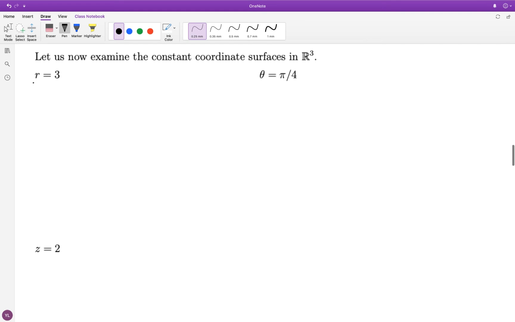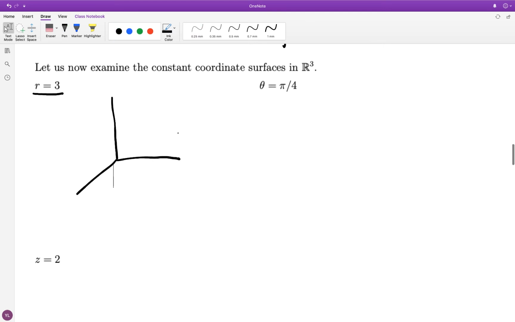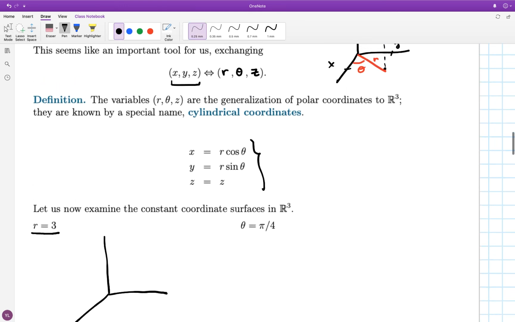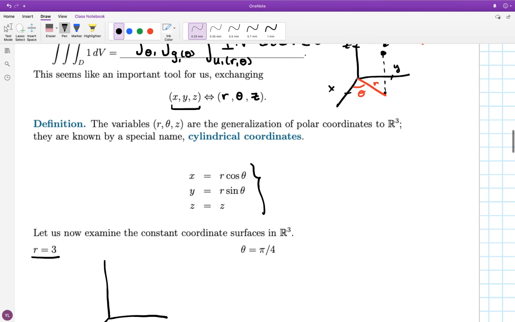Let's take a look at the equation r equals 3. I can think about this in 3 dimensions. So if I am trying to collect together all of the points in 3 space that have a distance of 3, what shape am I going to get? Imagine taking a little meter stick and marking 3 out here and gathering together all of the points that have that distance.